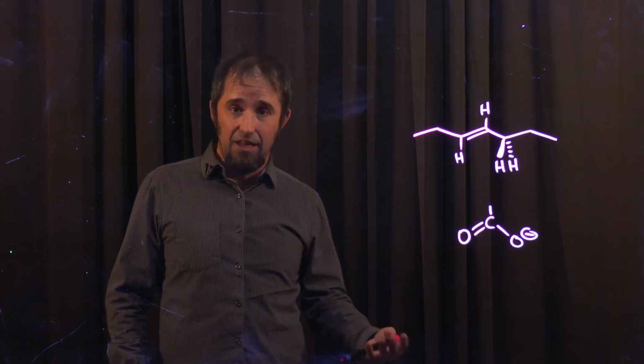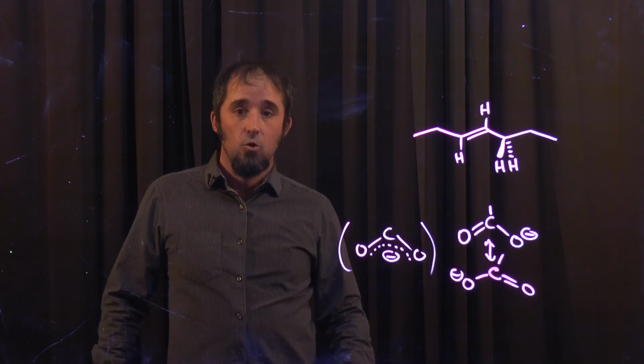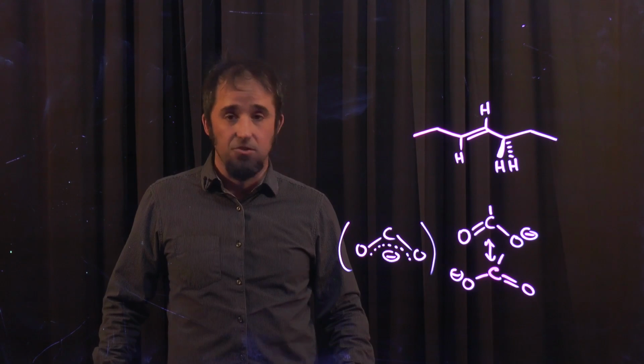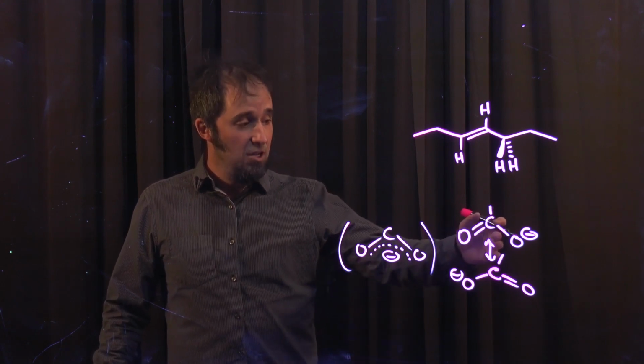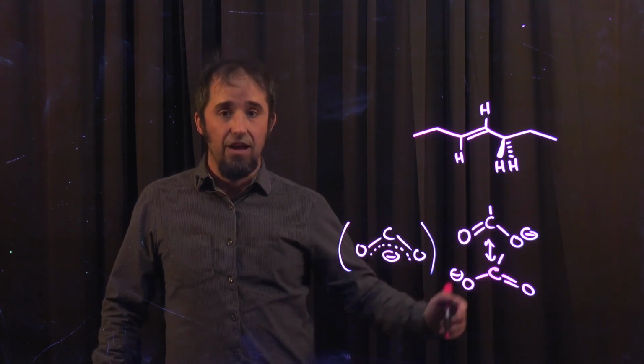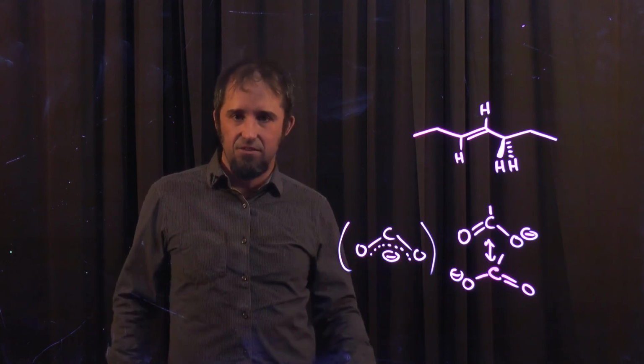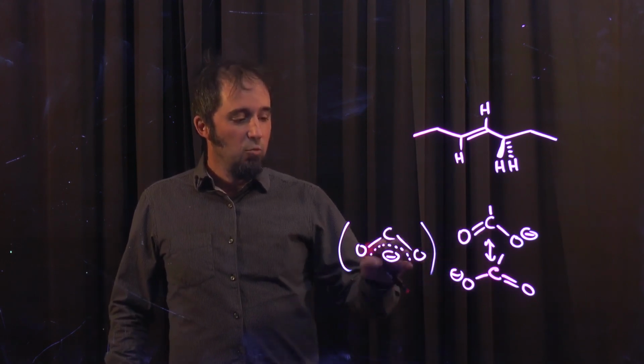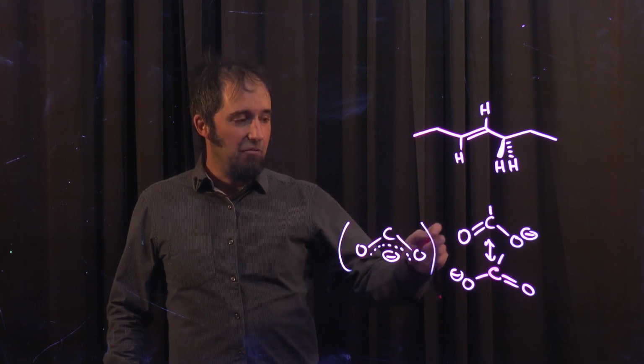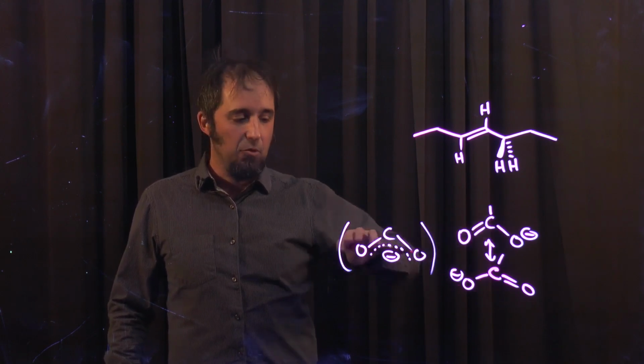They are the same length. Why? We can draw 2 resonance structures for this CO2 minus. We can draw it with the double bond there or there. But again, that's just our drawing concern. The main point is that really it's kind of like I have 1.5 bonds on both sides, right?